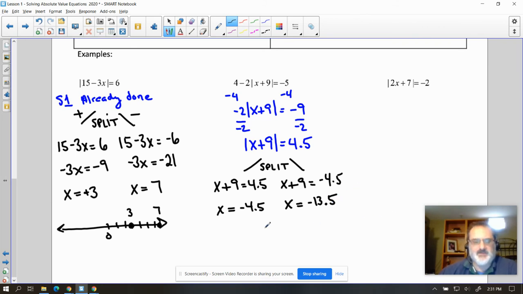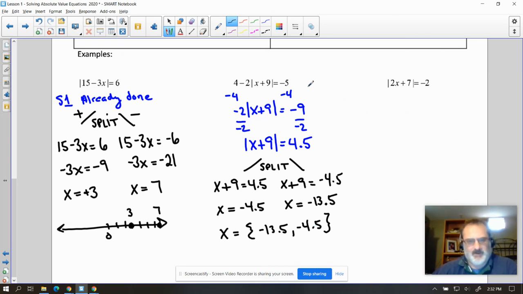So can we have decimals? Sure. And at this point, I could graph it like I showed you before, or another way of writing this is to write the set negative 13.5 comma negative 4.5. Does it matter which order they go in? No, I just put them from least to greatest.